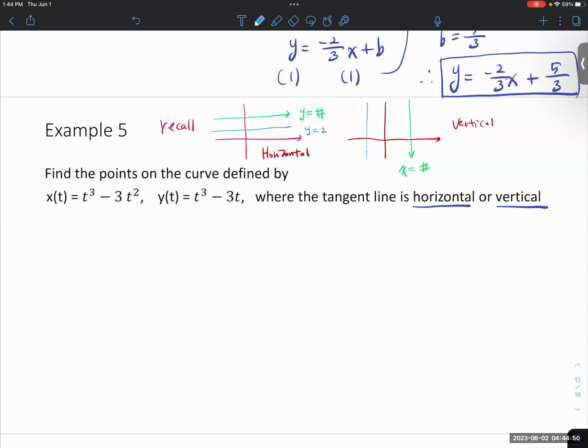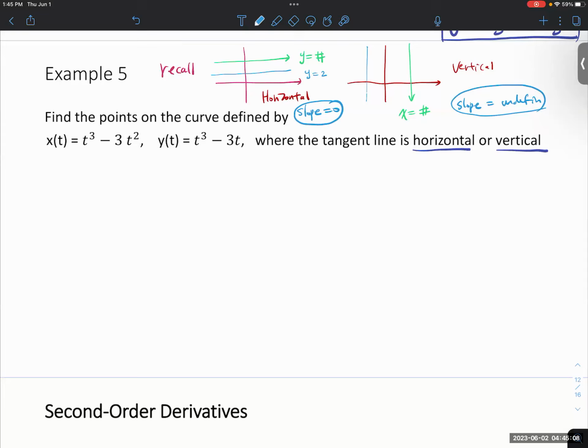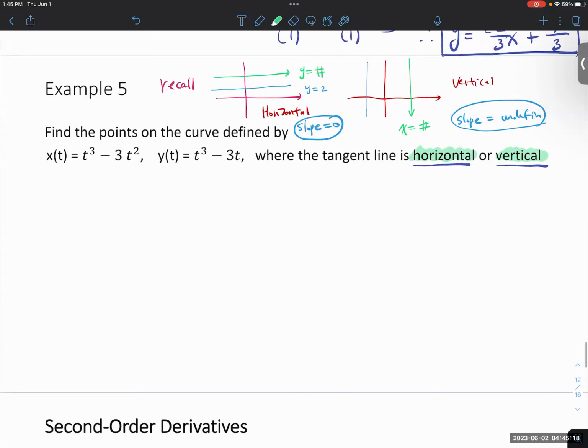When you have a horizontal line, the slope is always 0. For a vertical line, the slope is undefined. You remember this from pre-calculus and Calculus 1, so that's your recall. Let's look at the following question. They want you to find the tangent line that is a horizontal and vertical line. Okay, so we're good. That's your recall.